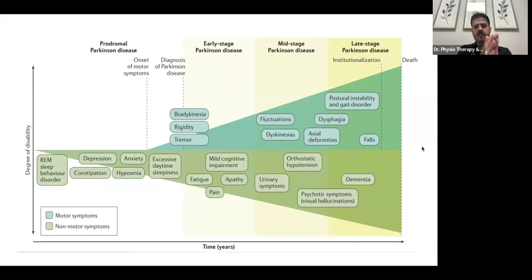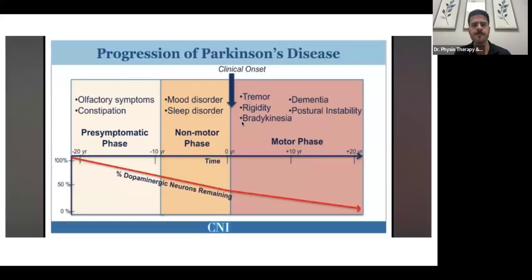And then from the diagnosis on, we're going to separate the disease into different stages, okay? We will come back to this slide if needed. Here in the center is the clinical onset, when the diagnosis was made, okay?